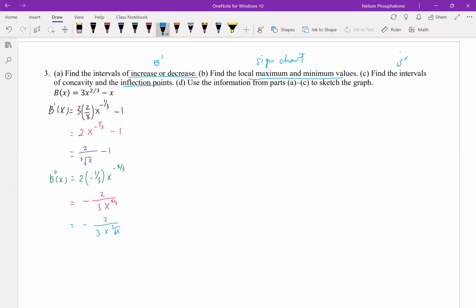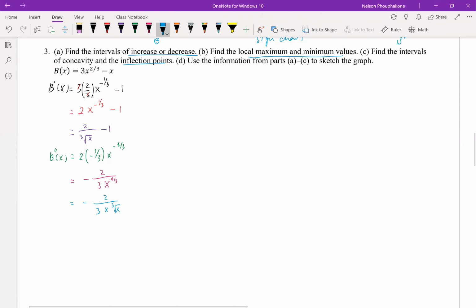So then here is my first and the second derivative of the function b.